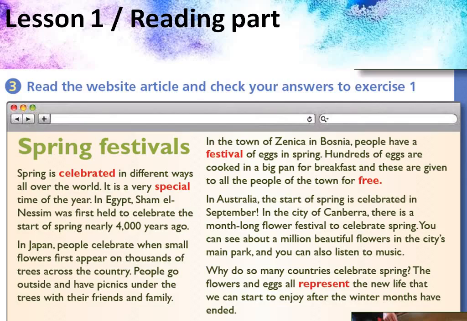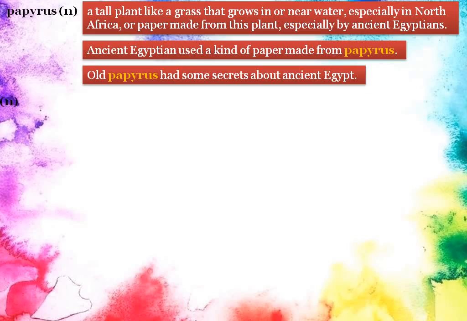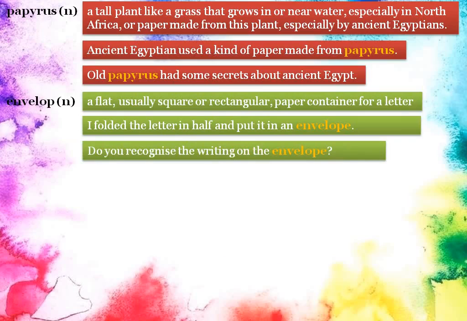Now we are going to move to another reading part, but first of all, let's have the important vocabulary in the text. Papyrus. Both pronunciations are correct. What is papyrus?